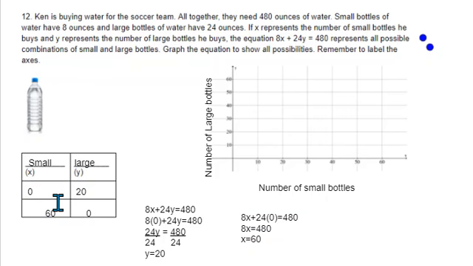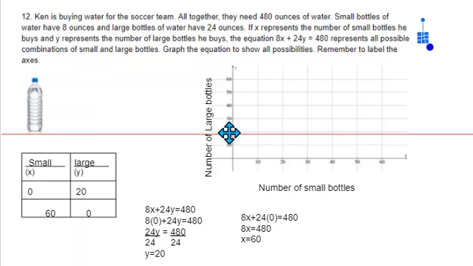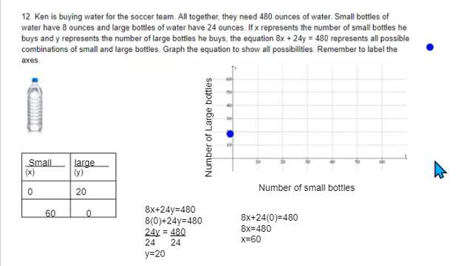Okay, so I have 2 points to graph, (0, 20), and that looks like that's the 20 right there. Pretty good. And (60, 0). Here's the 60 right here. Okay, and then you want to connect those with a line.